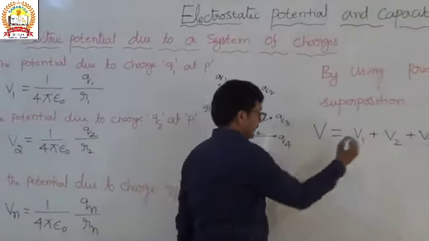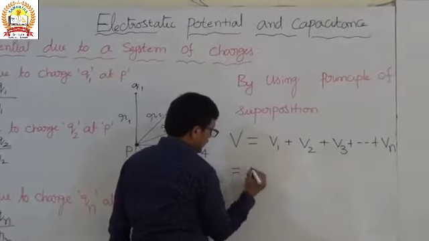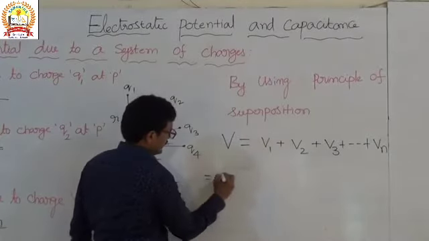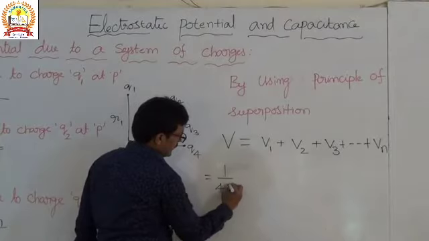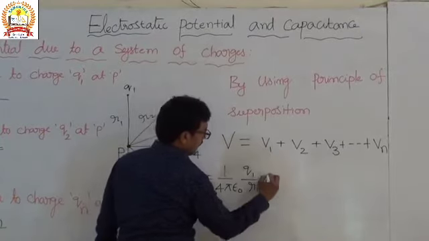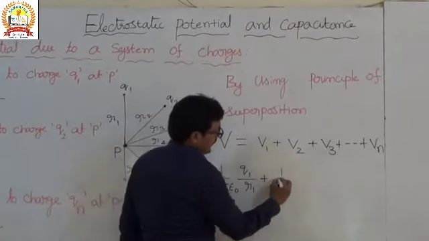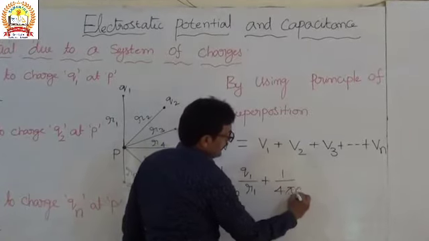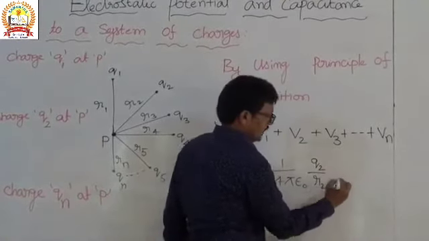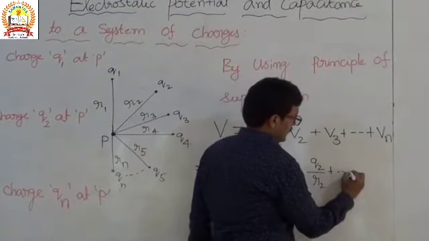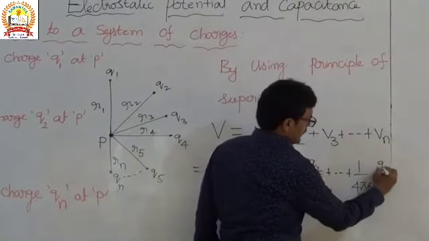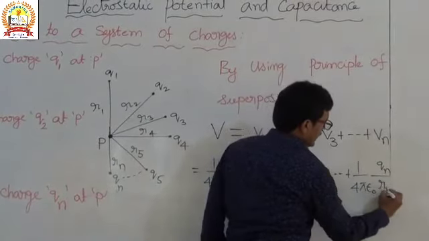We can substitute V1, V2, V3 and so on, so V is equal to 1 by 4 pi epsilon naught Q1 by R1 plus 1 by 4 pi epsilon naught Q2 by R2, plus and so on, 1 by 4 pi epsilon naught Qn by Rn.